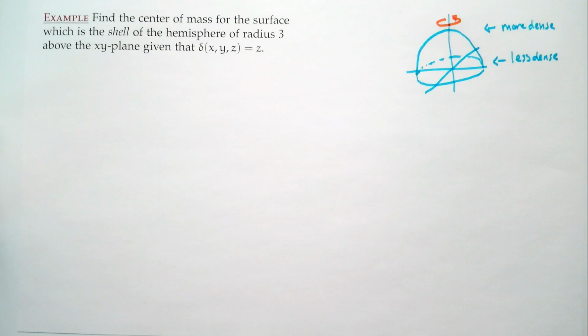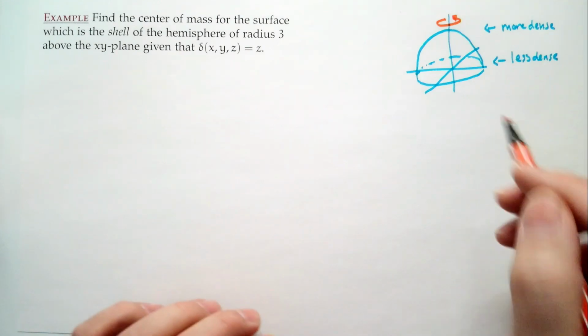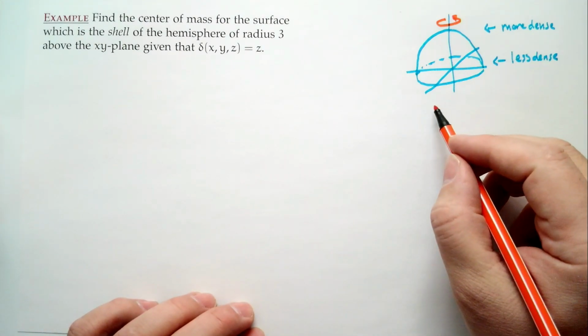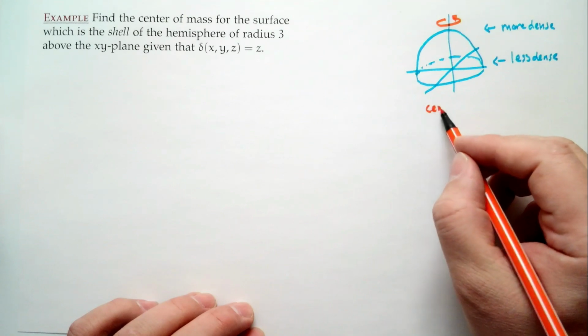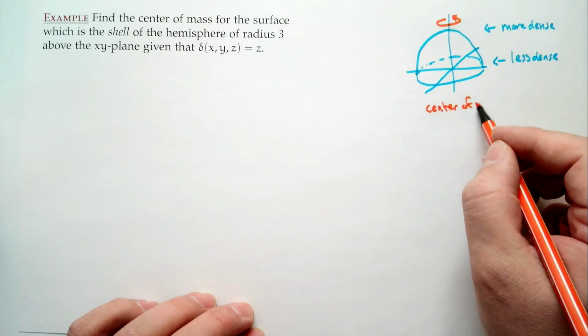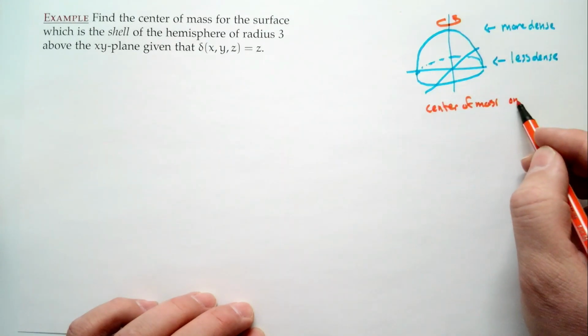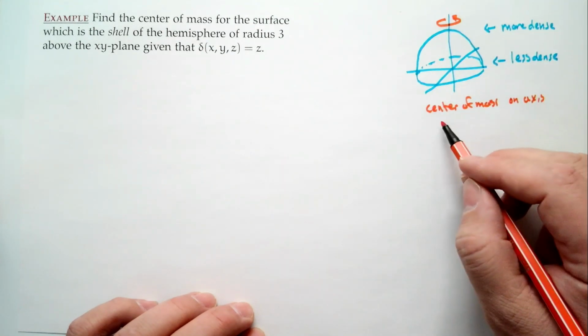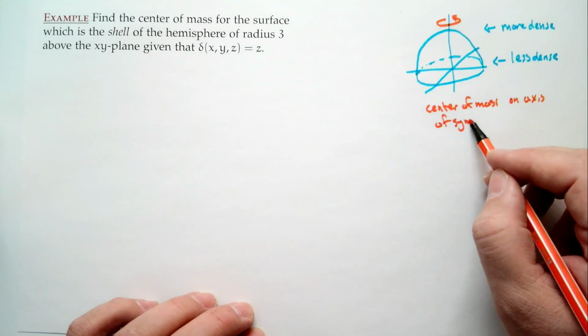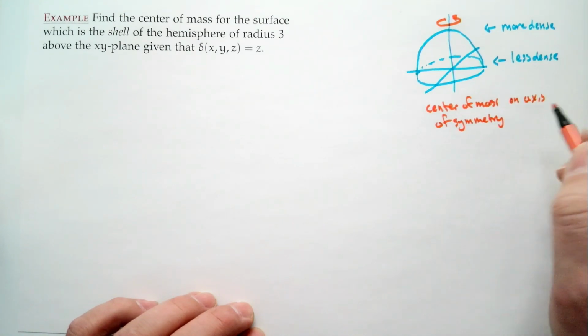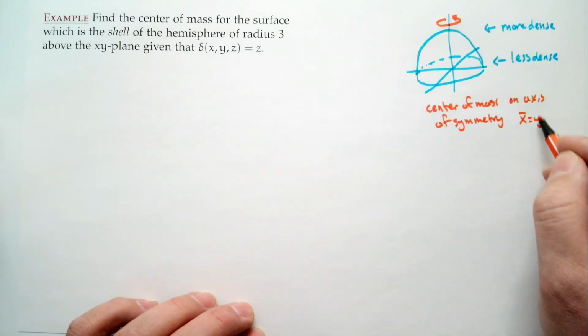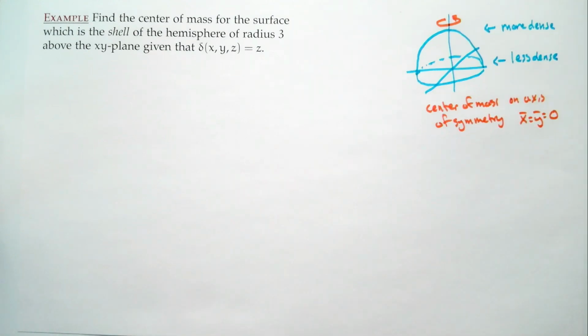Yeah, the x and the y are going to be 0 in the center of mass. In particular, we see that our center of mass has to lie on our axis of symmetry. In this case, it's the z-axis. So we know now that we saved ourselves a lot of work. We know what the x and the y coordinates are.